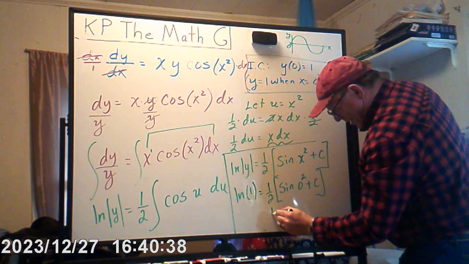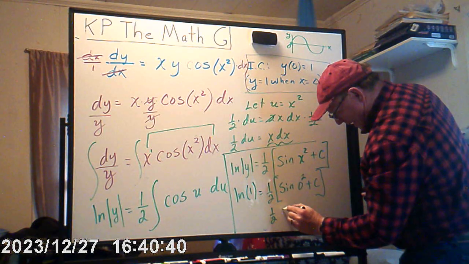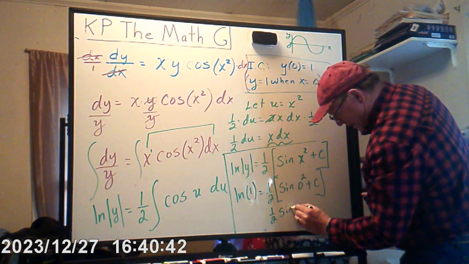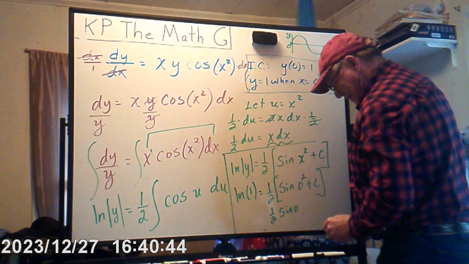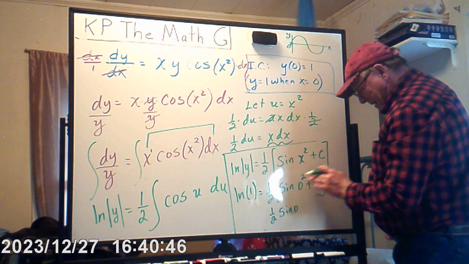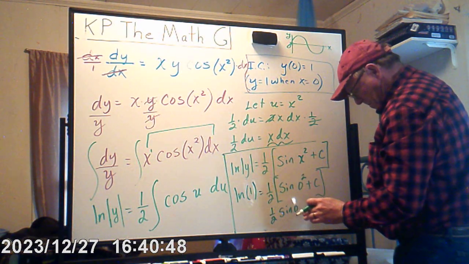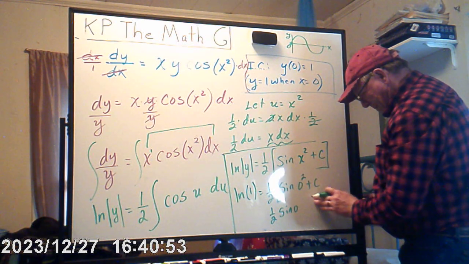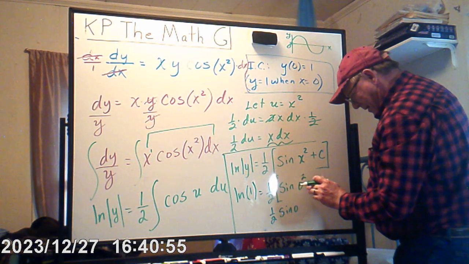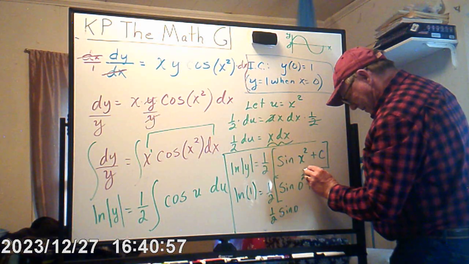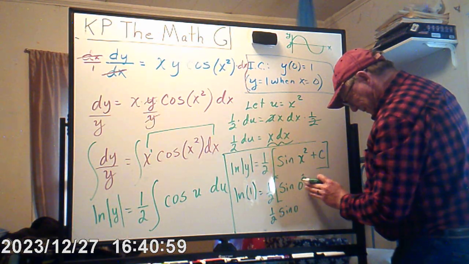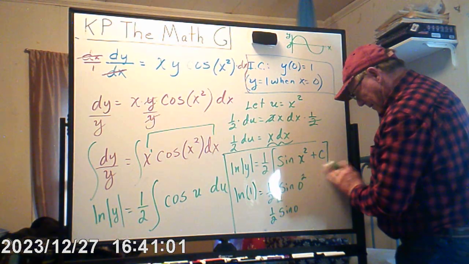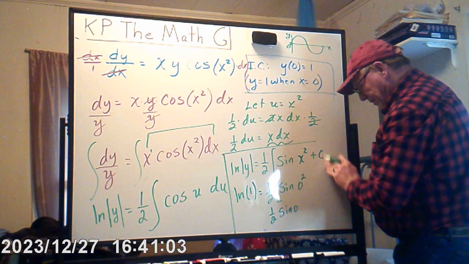So I have a 1/2 sine 0. And I guess maybe, I don't believe I need to put that plus c inside there. I can put it outside here. Okay, do that. Sorry, everyone.